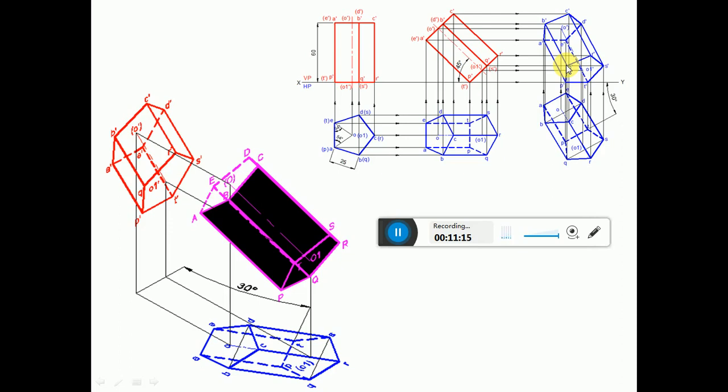Applying that rule, Q dash is connected by P dash Q dash, Q dash R dash and Q dash B dash. Since P dash Q dash and Q dash R dash are visible, B dash Q dash is visible. Similarly, from R dash, since S dash R dash is visible and R dash Q dash is visible, therefore R dash C dash is visible.